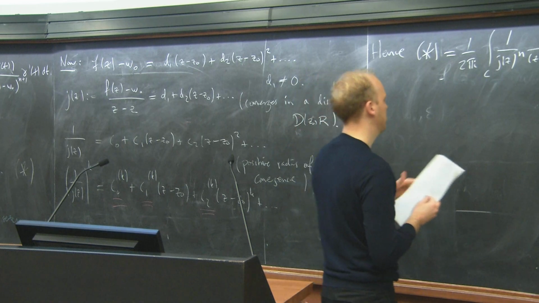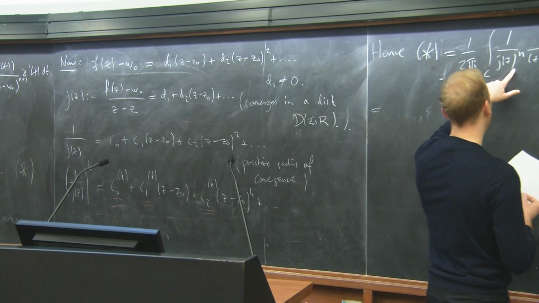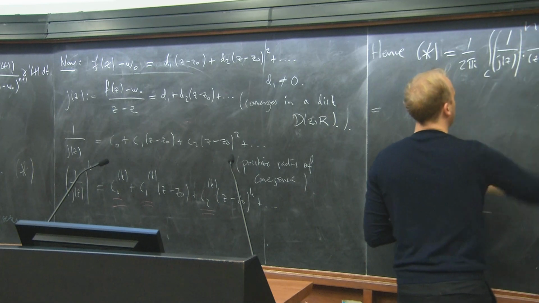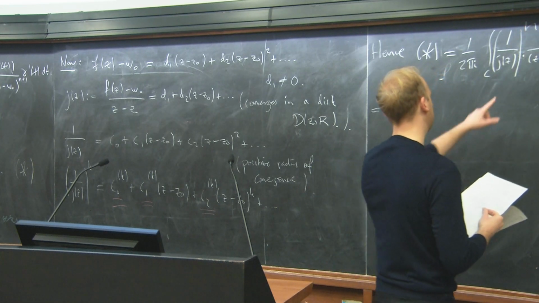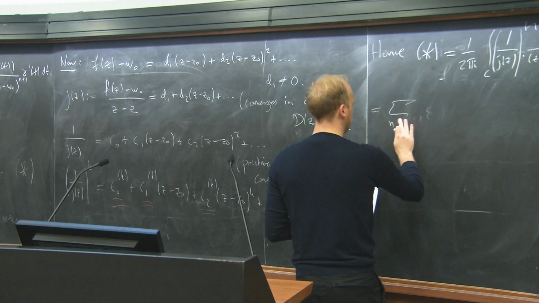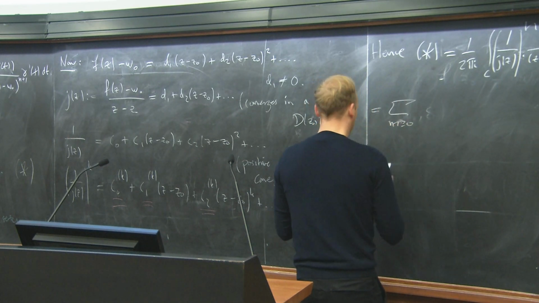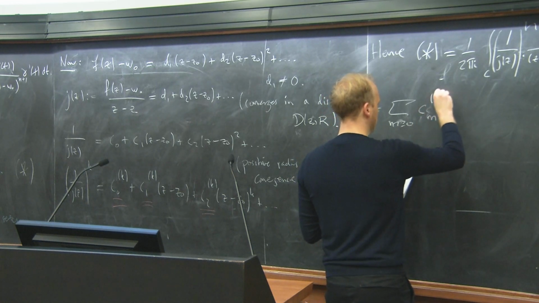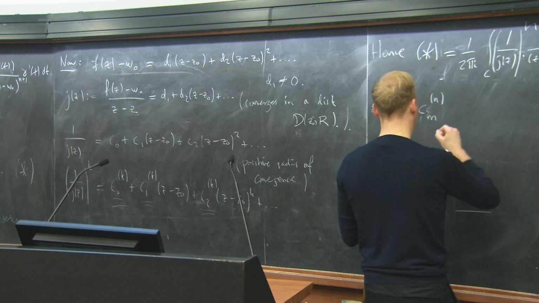And then I replace this 1 over j to the power n by its power series expansion. And this is the key trick. So I replace it by its power series expansion, and I get that this is equal to the sum like this.